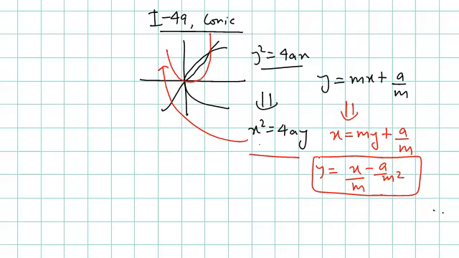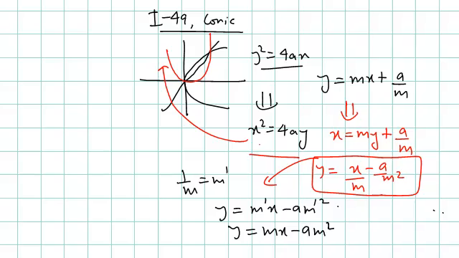To make it a tangent of slope m, I replace 1 by m by m dash. So it becomes y equals to m dash x minus a m dash square, or in terms of m, y equal to mx minus am square is the equation of tangent of slope m that can be drawn to this parabola of the type x square equals to 4ay.